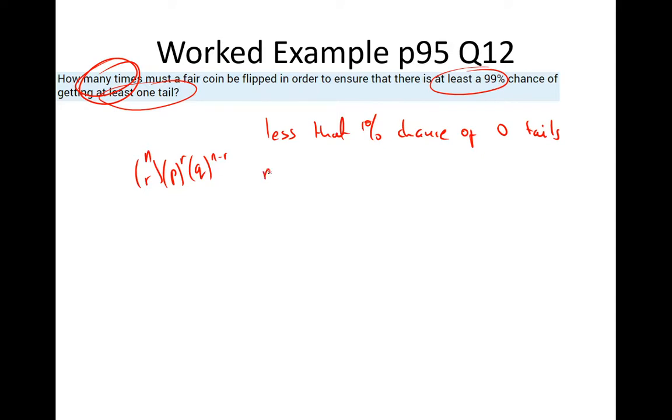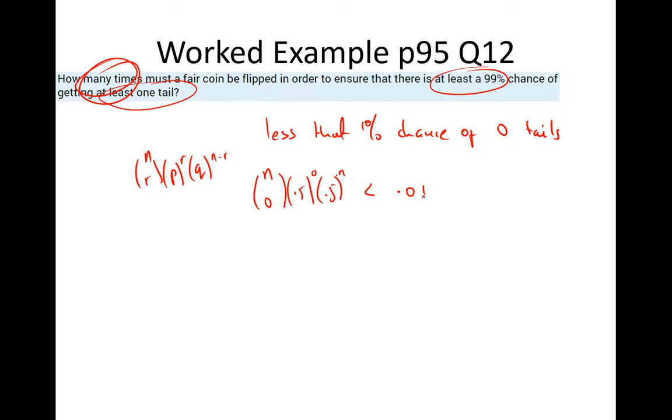So out of the number of events, I want no successes. See that? By, what's the probability? Well, it's obviously 0.5 because it's a coin. So the probability of success is 0.5, probability of failure is 0.5, and that's raised to the power of 0 by 0.5 raised to the power of n. And that's going to be less than 0.01, which is the 1%.